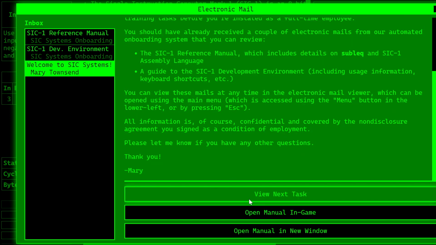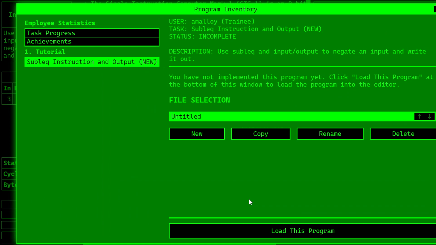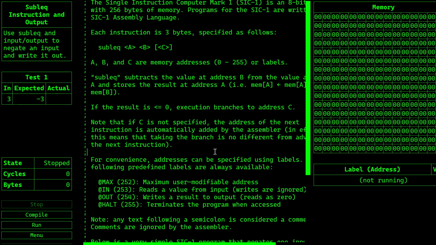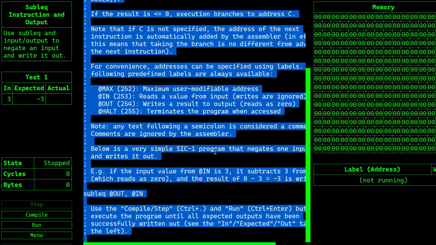Alright, next task. Let's solve a puzzle, shall we? Use subleq and input-output to negate an input and write it out. Okay, that's easy enough. What? I just read the manual. Why do you have to put this in here?